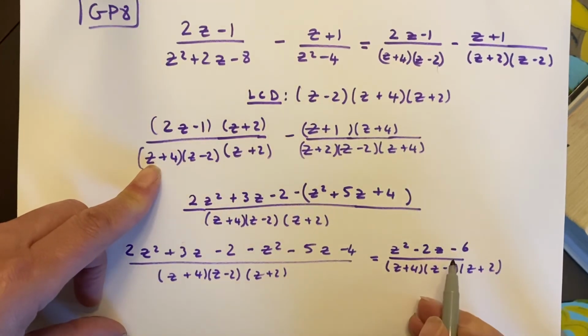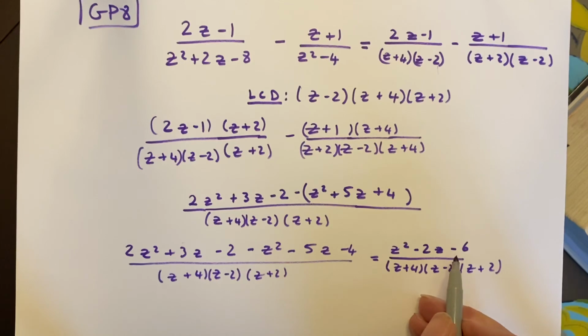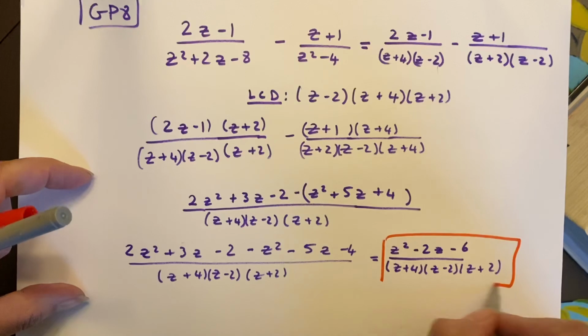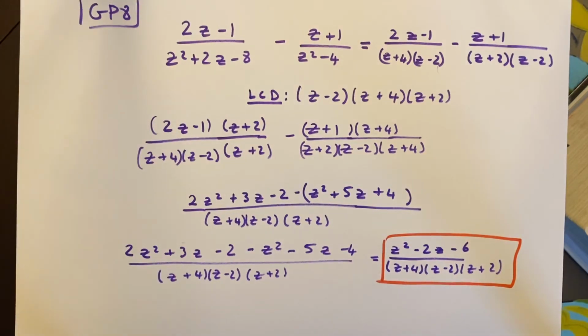Can I factor that? Let's see. No, it does not look like I can factor it. So this is going to be my answer. All right, so that's guided practice 6, 7, and 8. And I'm going to end this video because this is optional, and I'm going to start example number 6.